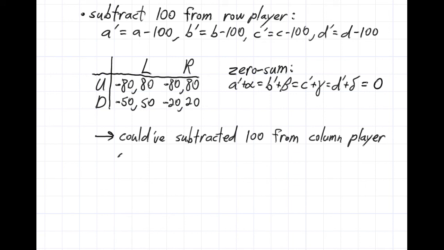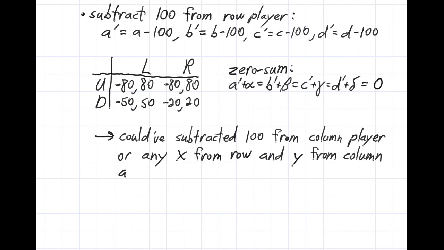We could subtract any amount X from the row player and some other amount Y from the column player, just so long as X plus Y add up to 100. So in the end, we're subtracting 100 from the sum of the payoffs in every box. So I hope you see now that constant sum games are effectively zero-sum games.